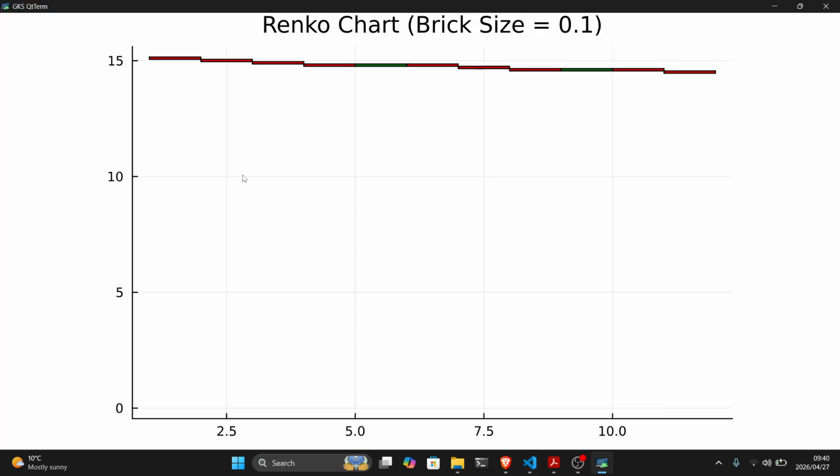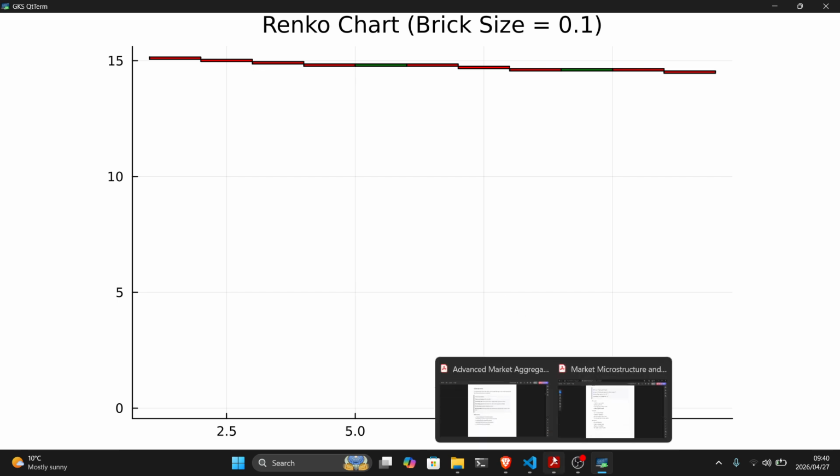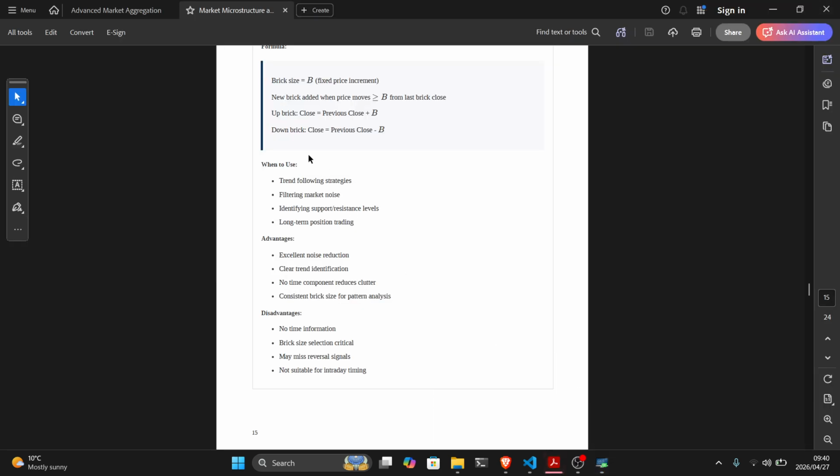As you can see, we have these bars, and if you go back to the definition, an up brick is defined as close equals previous close plus B. A down brick is defined as close equals previous close minus B. And a new brick is added whenever the price move is greater than or equal to B from the last brick close.